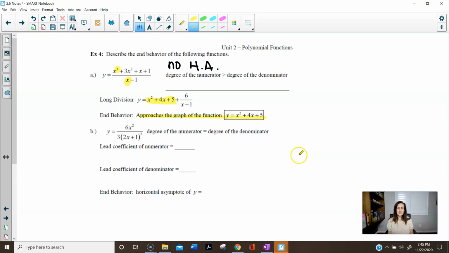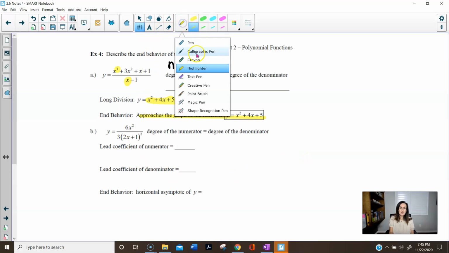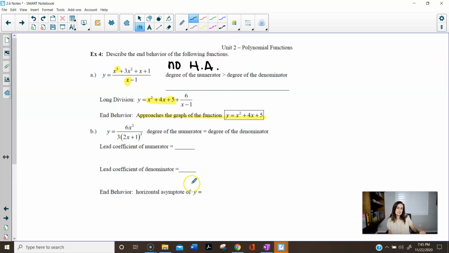All right, let's look at the end behavior of the second one, B. So if we take this second one and we take the denominator and we were to multiply out this denominator, we would have 3 times 2x plus 1 times 2x plus 1.